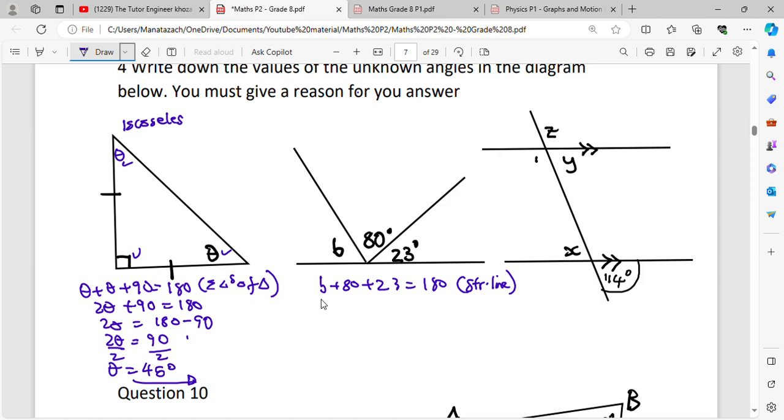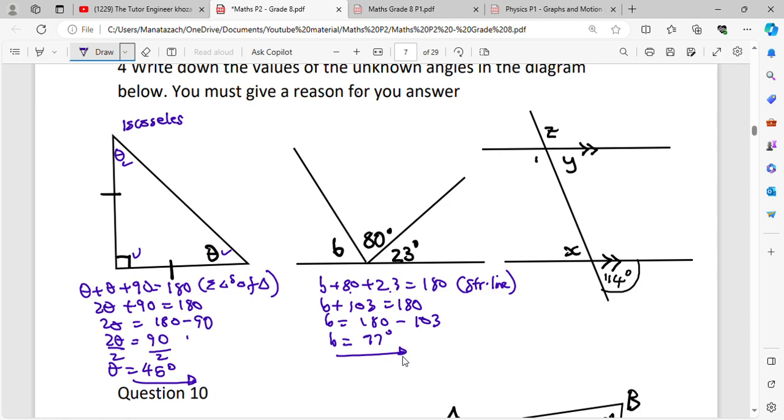So from here you'll solve for B. 80 plus 23 is 103. So you'll take 103 to one side and change the sign to negative, and then the answer would be 77 degrees.